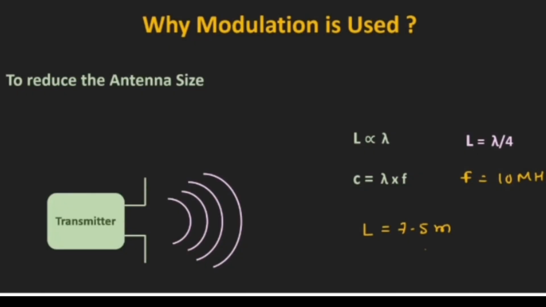We can see that here, to reduce the antenna size, the frequency is supposedly 10 megahertz now, and if we calculate it, the length becomes 7.5 meter. Lambda is equal to c by f. C is nothing but 3 into 10 raised to power 8, upon 10 into 10 raised to power 7, which gives 3 into 10 raised to power 1, which is 30. Now 30 by 4 is nothing but 7.5 meter.